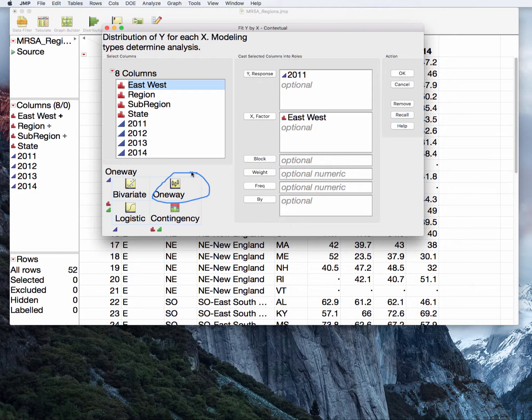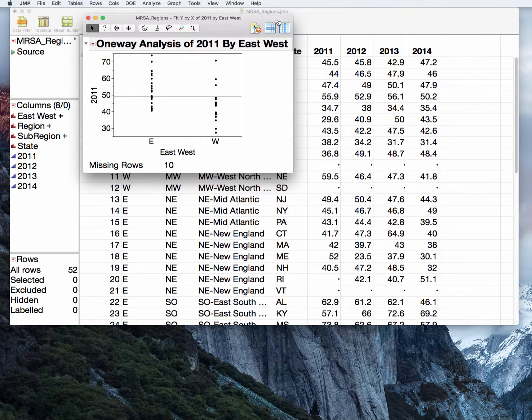ANOVA stands for Analysis of Variance. A t-test, or two-group test, is the simplest form of an ANOVA, and it was actually invented first to compare two groups. Then the analysis of variance was developed later for two or more groups, but they're generally considered an ANOVA or a t-test, and when it's just two groups, you'll specify it as a t-test. At any rate, we'll press OK, and you get this plot that's very basic.